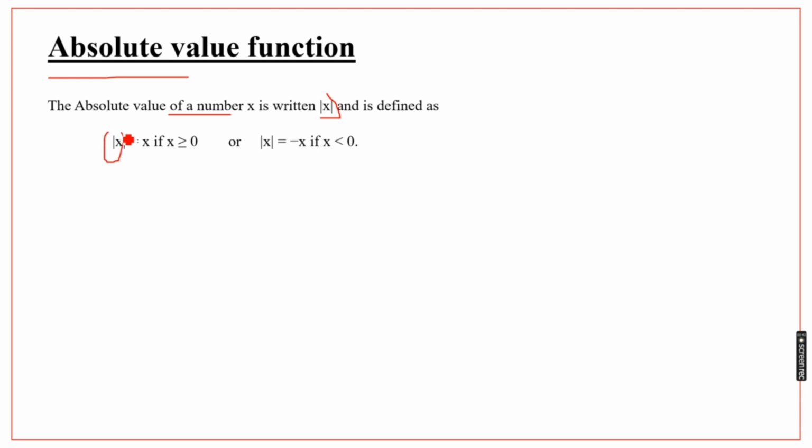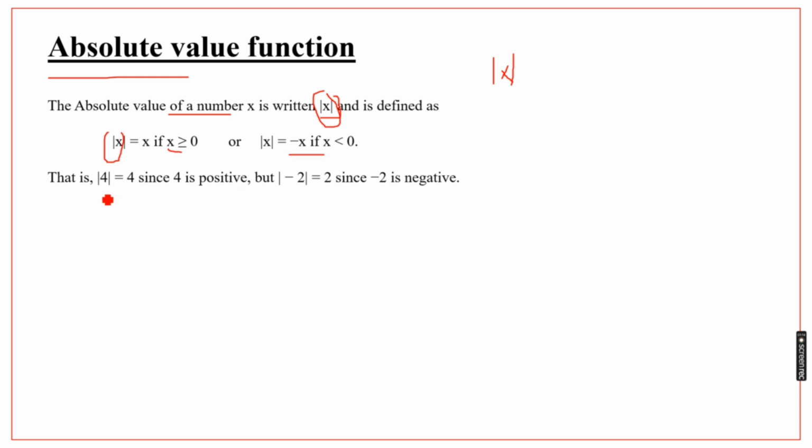As we see, the symbol of absolute value is two vertical lines, with the number between them. So the absolute value of x equals x if x is greater than or equal to 0, for positive numbers, or the absolute value of x equals negative x for negative numbers.